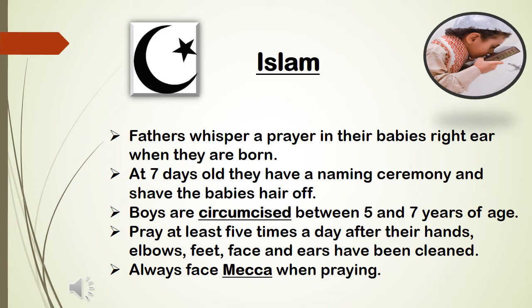At 7 days old, they have a naming ceremony and shave the baby's hair off. Boys are circumcised between 5 and 7 years of age. Alright, so Islam and Judaism both follow circumcision as their custom.